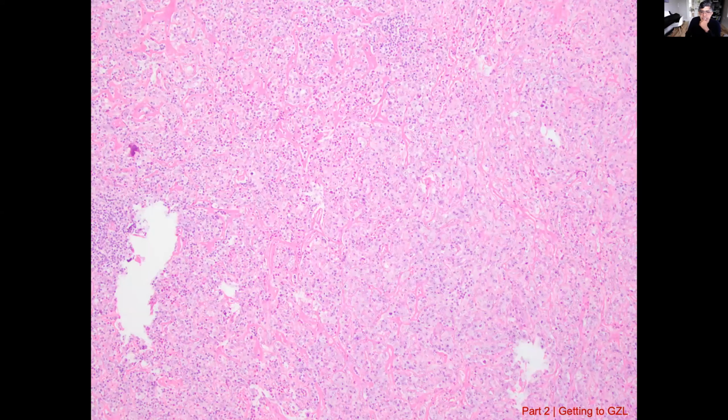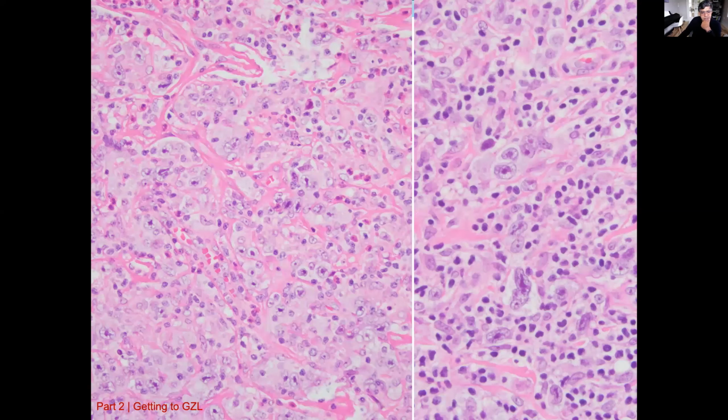And this doesn't quite fit with our dichotomous schema of few large cells in a sea of normal. And as you look at higher power, the cells are even uglier, and they look bizarre, some of them like that, and they look pretty Hodgkin-y though, some of these cells with prominent nucleoli. So it does create a little confusion for us.